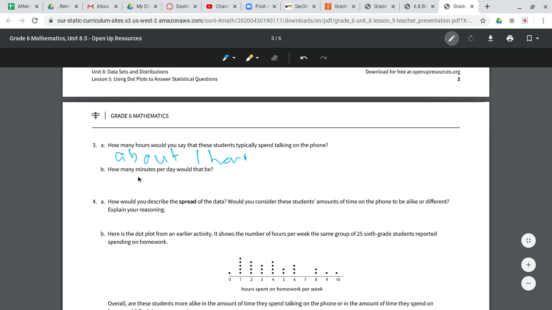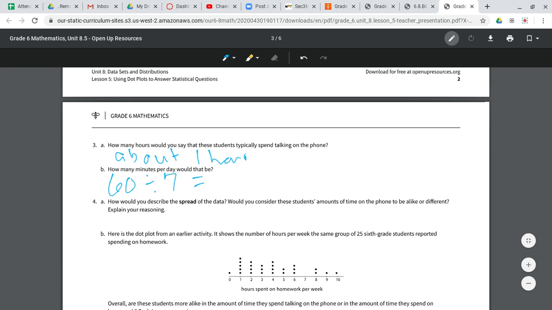For part B, how many minutes per day would that be? To figure out how many minutes that is in a day, we have to change this into minutes. So 1 hour is how many minutes? 60. So we're going to take 60 and divide it by how many days there are in a week? 7.